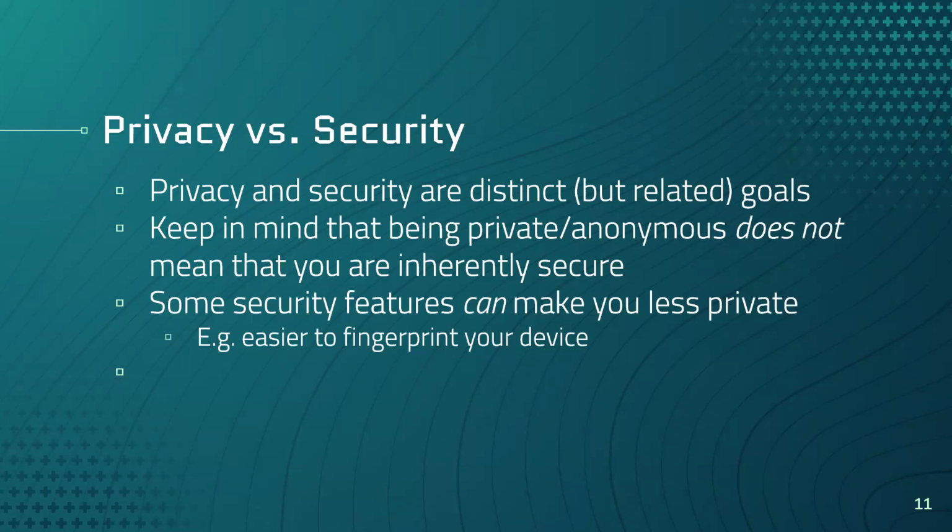MAC addresses, we talked about this, can be used to uniquely fingerprint your device. Some devices do automatically randomize your MAC address. In fact, Tails does. So that's less commonly used unless you're physically on a network.